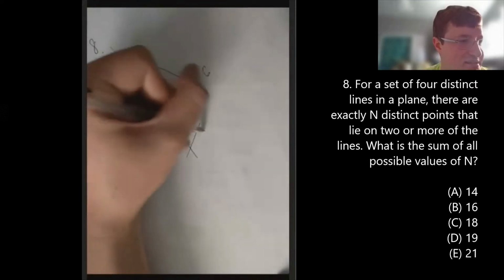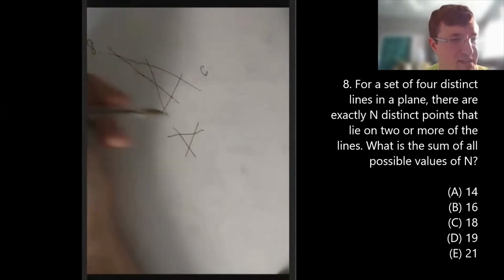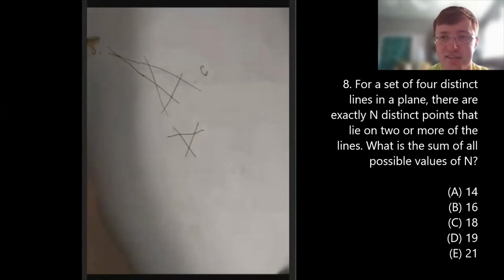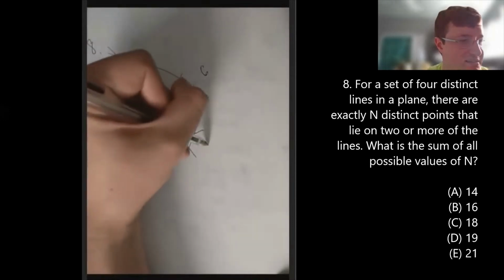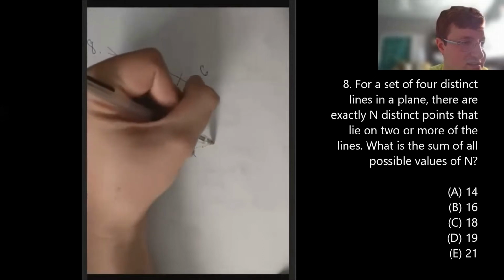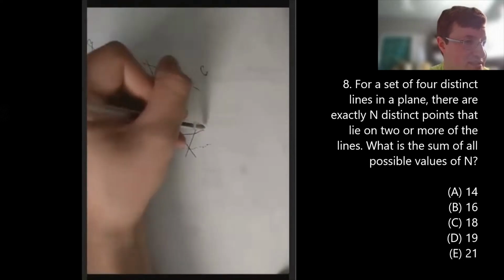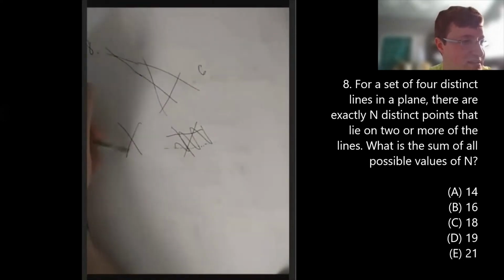Well, if I start with 3 lines, then if none of them are parallel, then they're going to intersect in 3 points. So I could get 4 intersection points if I take a line through that. Well, no, that would be 3. Sorry, let me do that again.